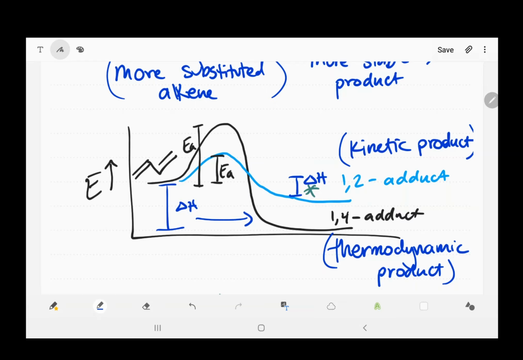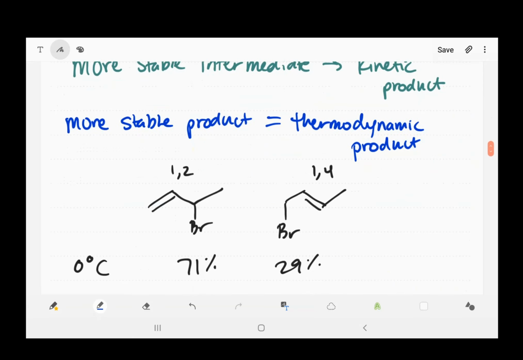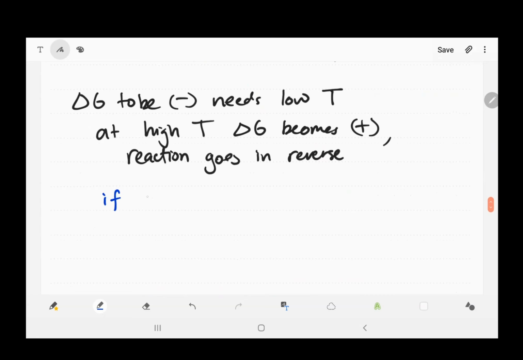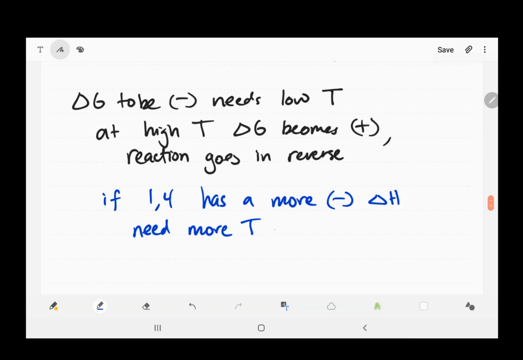So, if the 1,4 product has a more negative delta H, that means we need more temperature to reverse it.